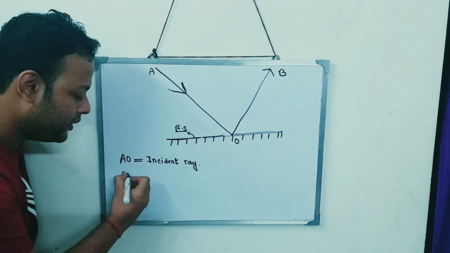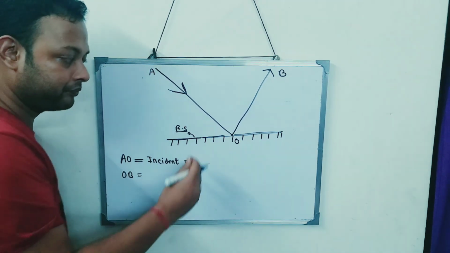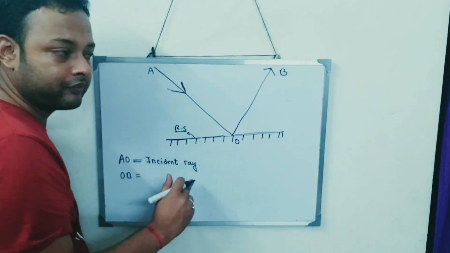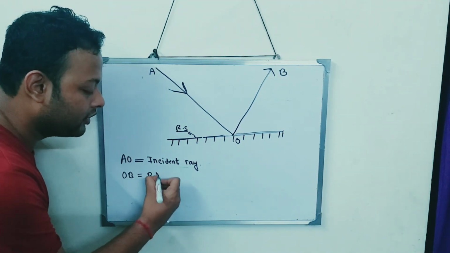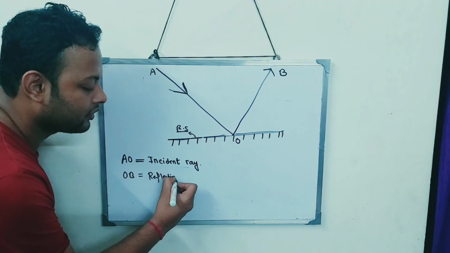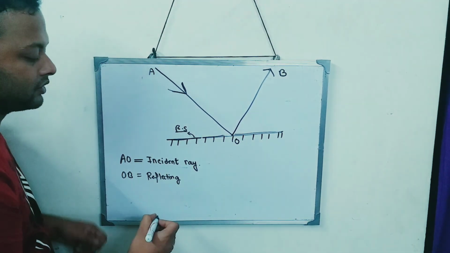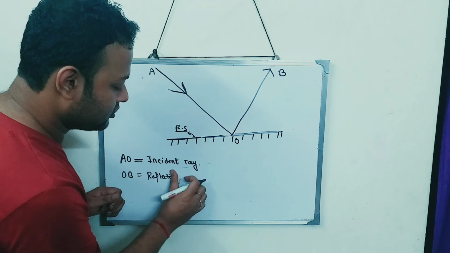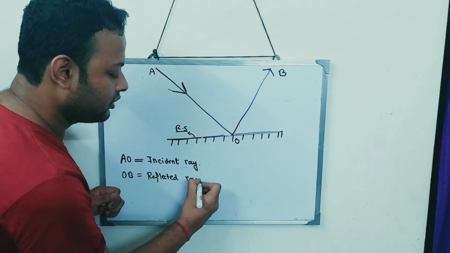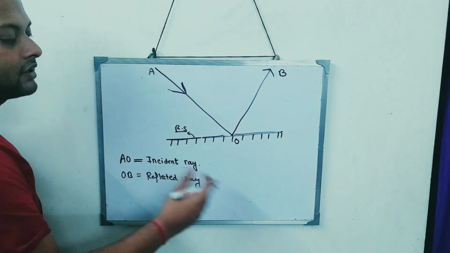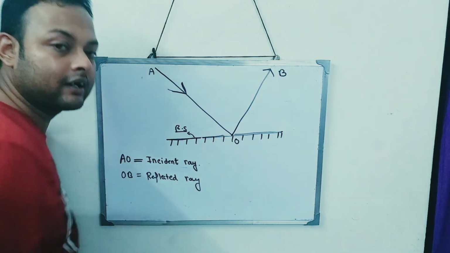So OB over here represents what ray? This is my incident ray, and this ray is the reflected ray. Not reflecting, reflected ray. Incident ray, and OB is known as the reflected ray.